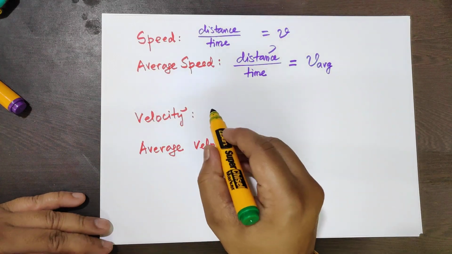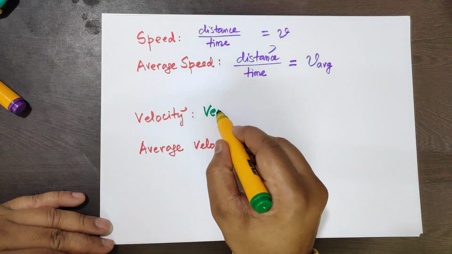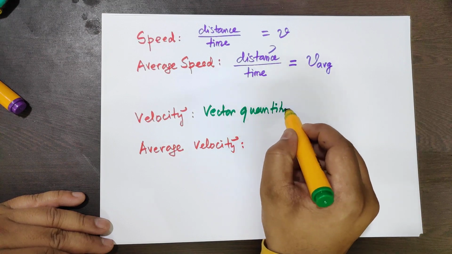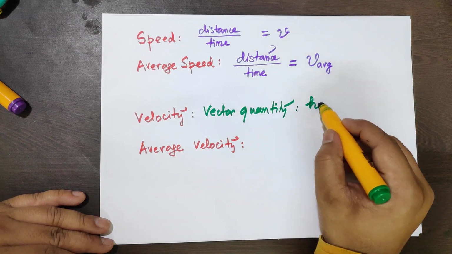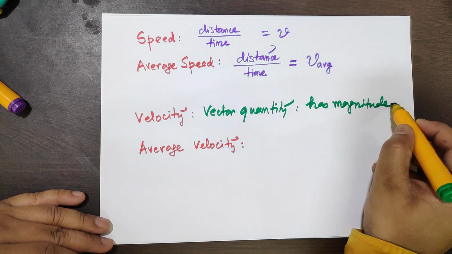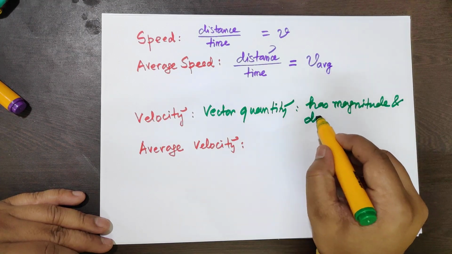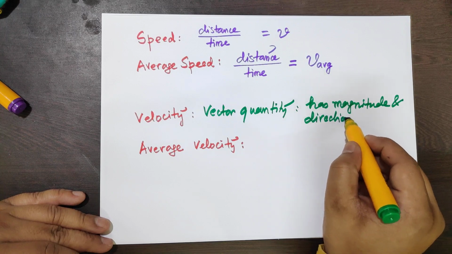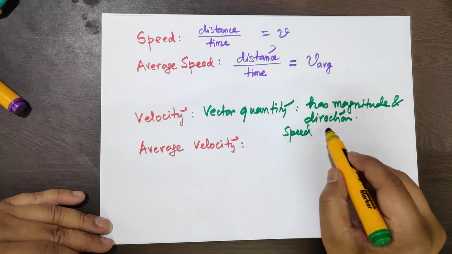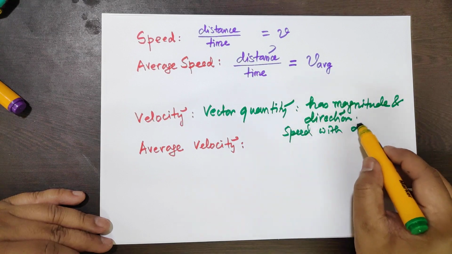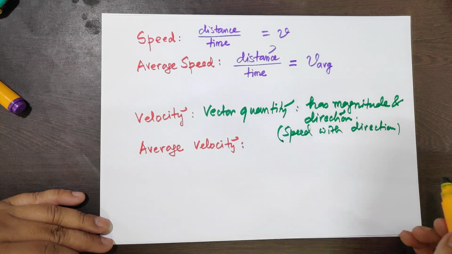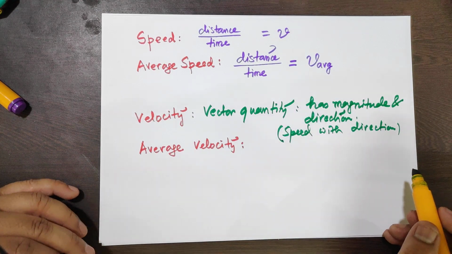Now velocity is a vector quantity, and that means it has magnitude and direction both. So basically you can think of velocity as a speed with direction, right?